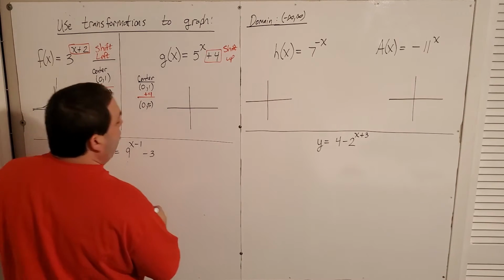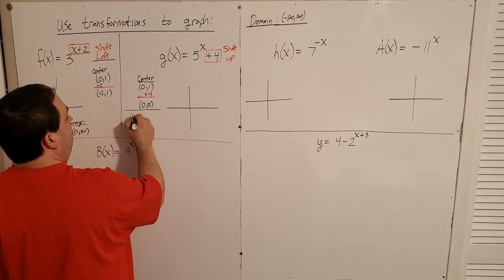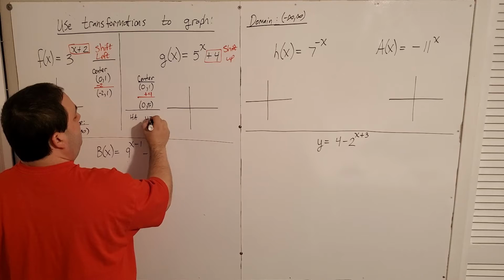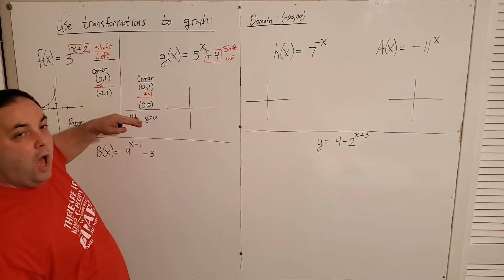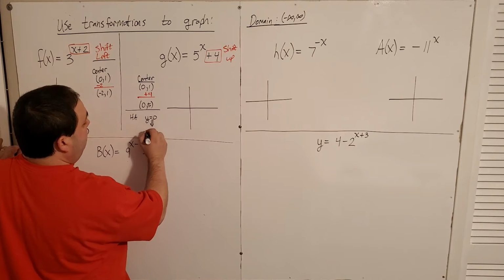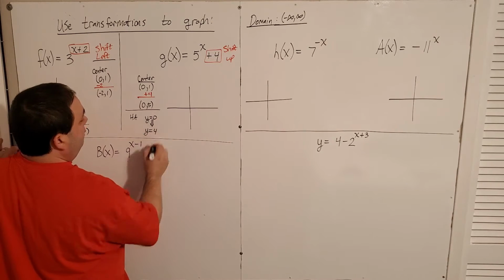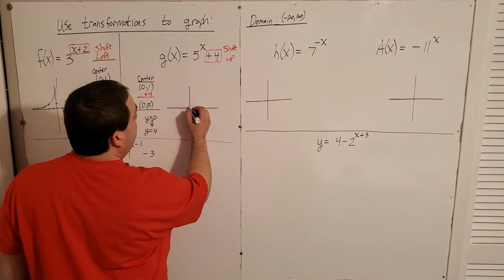What about my horizontal asymptote? It used to be y equals 0. Well, remember, shifting up affects the y values. So that also is going to become something new. Y equals 4 in this case. So here's what I do.